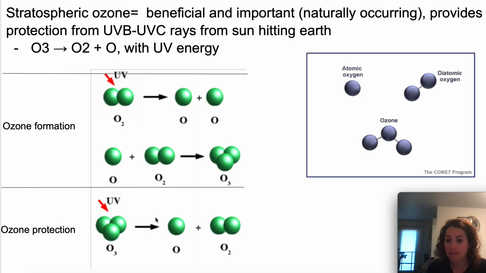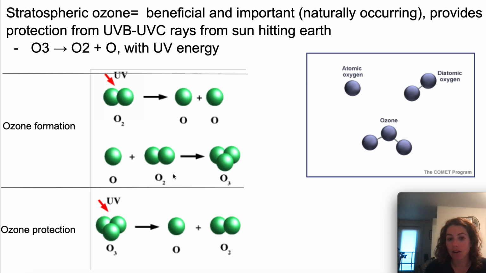That energy is received by our ozone molecule, causing that ozone molecule to break up. That UV radiation isn't going to come to the Earth because it's already been used up by performing this reaction. And now the diatomic oxygen and the atomic oxygen are reactive, so they just form back together again and recreate ozone.